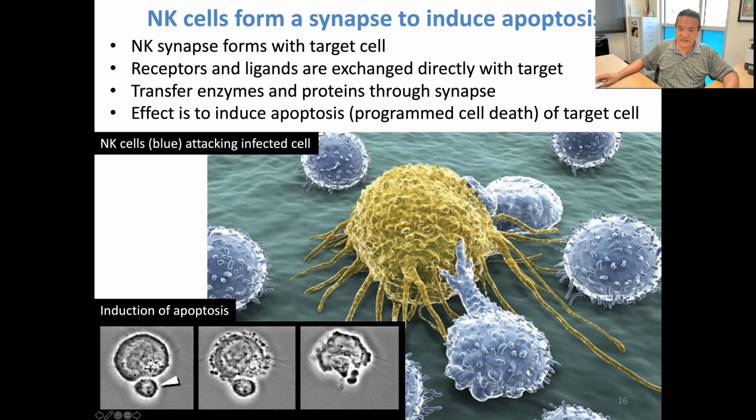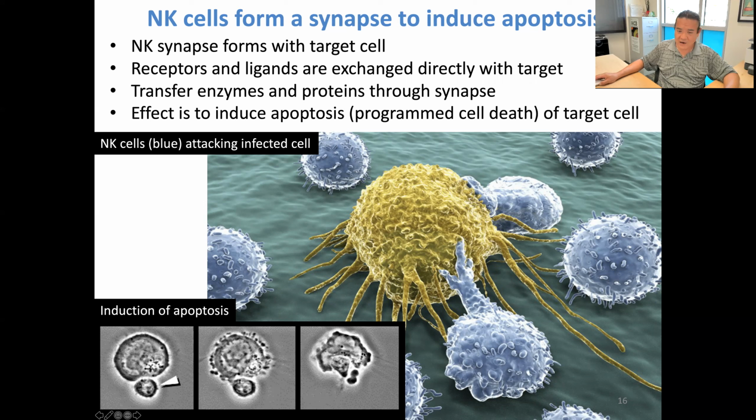Here is a time-lapse series showing a natural killer cell, the smaller one down here, synapsing with or pressing up against a viral infected cell. Okay? Certain receptors on the natural killer cell can tell that this is an infected cell. So the NK cell releases all kinds of specialized messages that are received by the target cell, and the target cell eliminates itself.